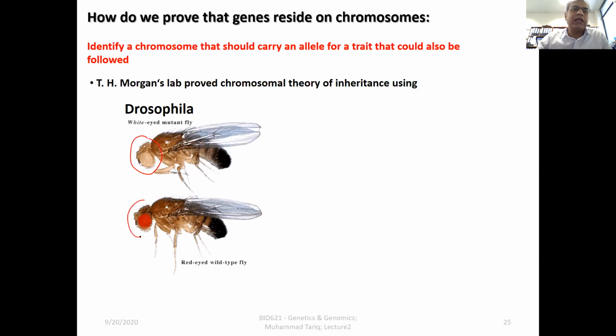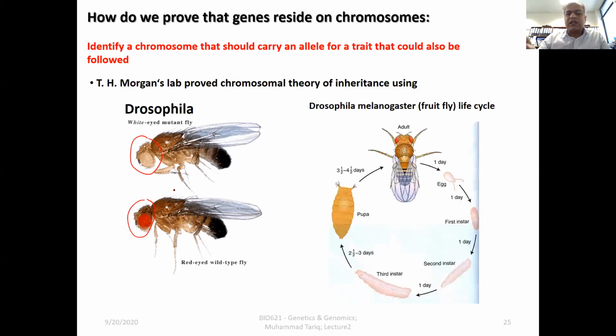They wanted to study the inheritance of the white gene. This is just the fly life cycle. As a master's student, you should know why fruit flies are useful models in labs.